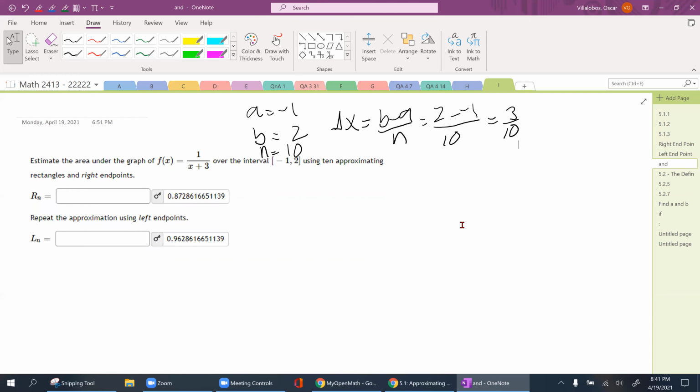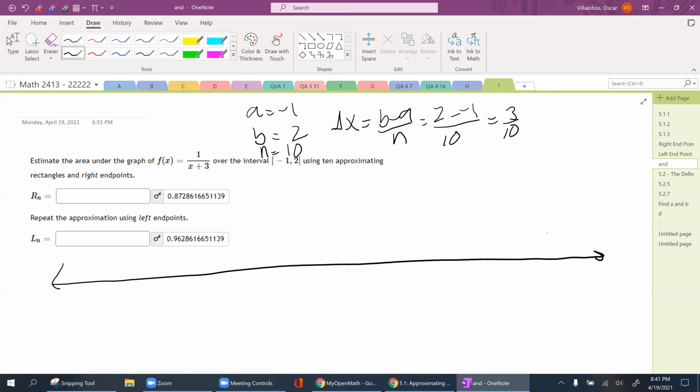So you may be asking, how do I find those endpoints? Well, I know I'm starting at -1. We'll say 0 is there, and 2 is here. This is about the halfway point, then the next one.